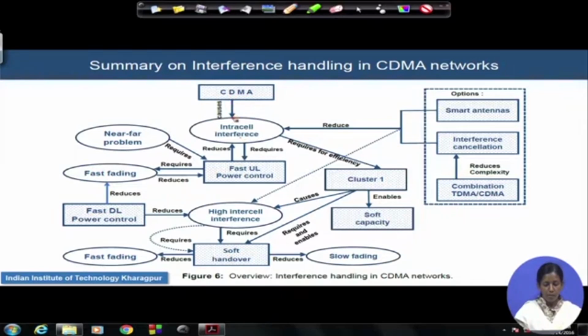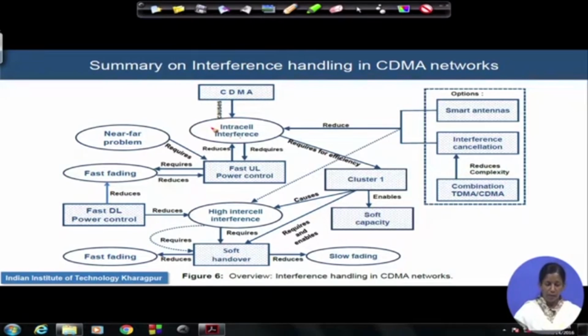This intracell interference is coming because of the wireless channel and the multipaths in the wireless channel, and also because in the uplink direction the users cannot be synchronized. Because of the channel, the orthogonality of the codes cannot be guaranteed because of the high delay spread involved, so you are getting a lot of intracell interference at the receiver.